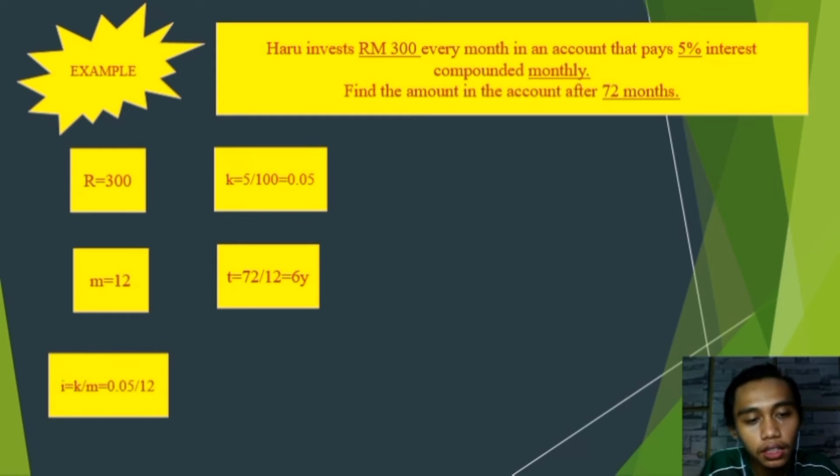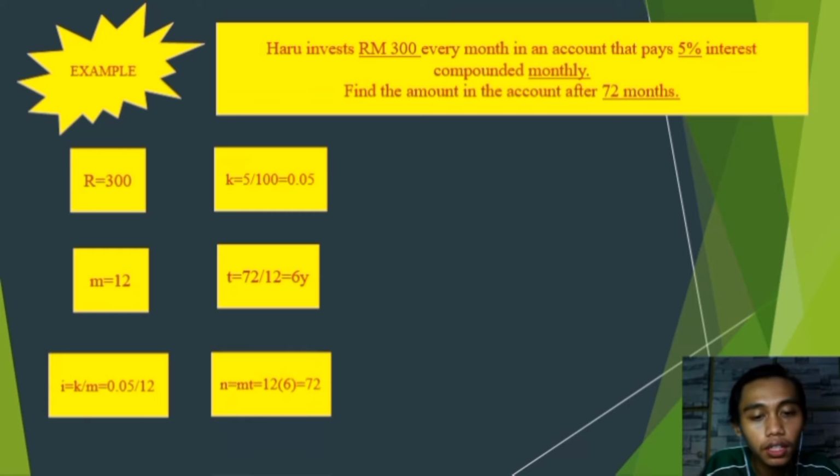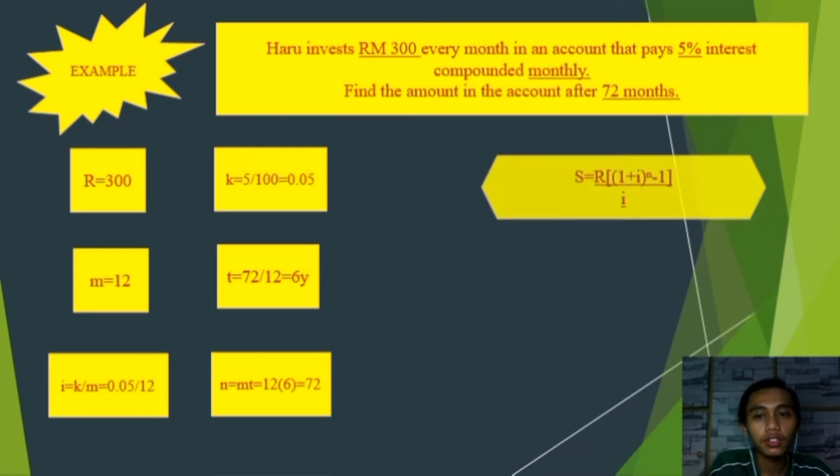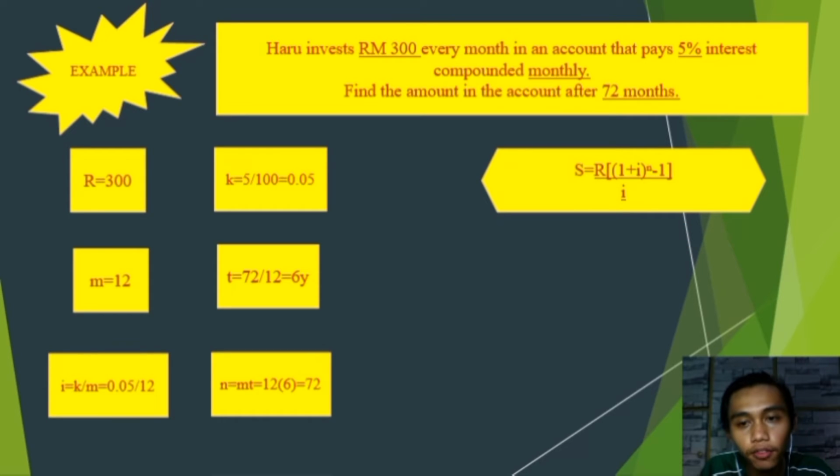Here, i is K divided by M, equals 0.05 divided by 12, and n equals M times T, equals 12 times 6, which is 72. So, we write the formula. S equals R open bracket 1 plus i power of n minus 1 close bracket divided by i.